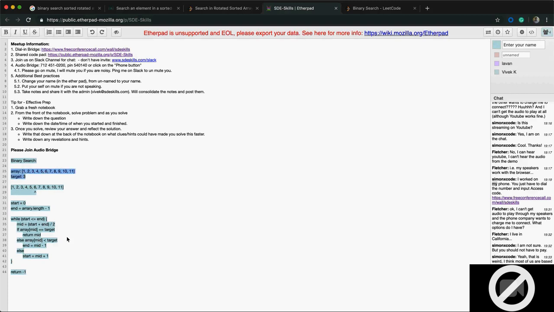Okay, then let's tweak the problem that we have in hand. Let's say the same problem, but the array that we have is now rotated. Instead of the array that we have in hand, let's say I rotate the array, something like this.